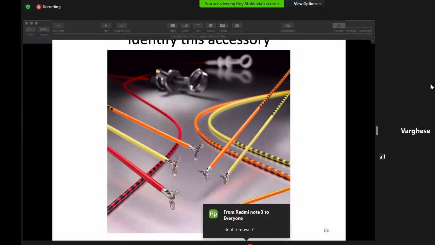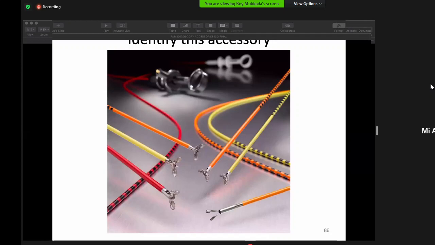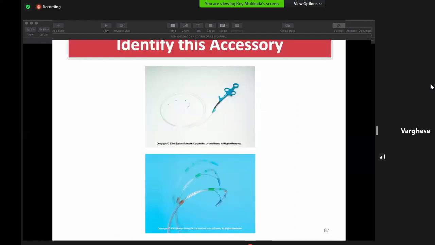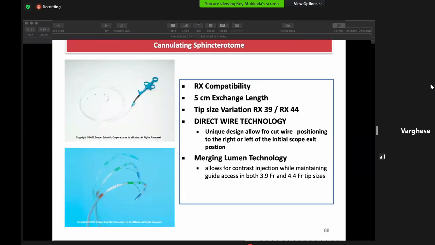How do you reprocess your endoscope? First, sir, first we'll wash the endoscope in running water. Then we'll clean the channels. First is again removal of the biofilm using a soft cloth or a gauze. That's the most important thing.